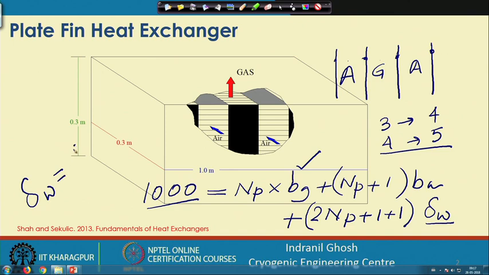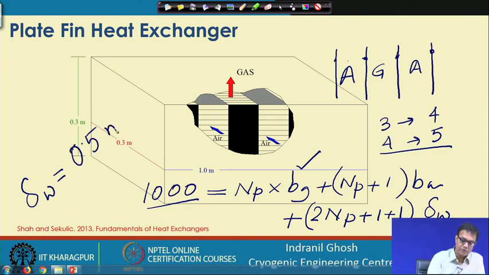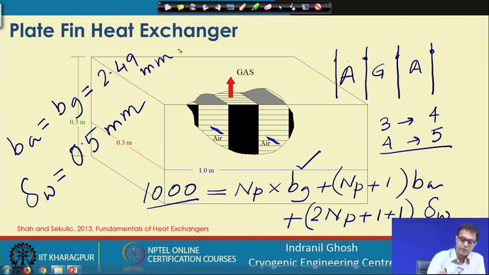The plate thickness delta W is given as 0.5 mm, and then we have B a equals to B g, the fin height, which is 2.49 millimeter.